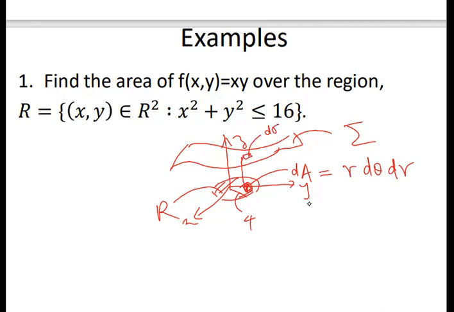What is the relationship between dA and d sigma? d sigma is equal to the magnitude of the normal vector times dA, and dA is r d theta dr. So how do we find the normal vector?